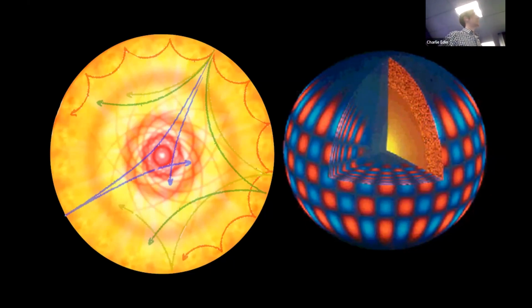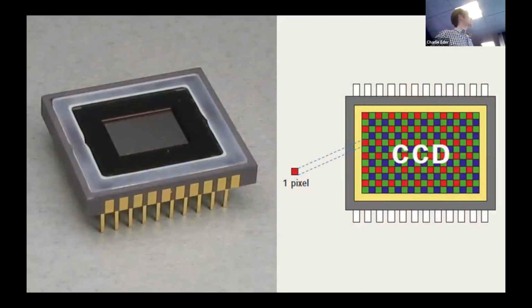So I've been talking about sonifying actual phenomena, but there's also more of an abstract way to sonify data. Now, this here is a CCD chip, or a charge coupled device. Inside this chip, it's broken up into a bunch of little pixels.